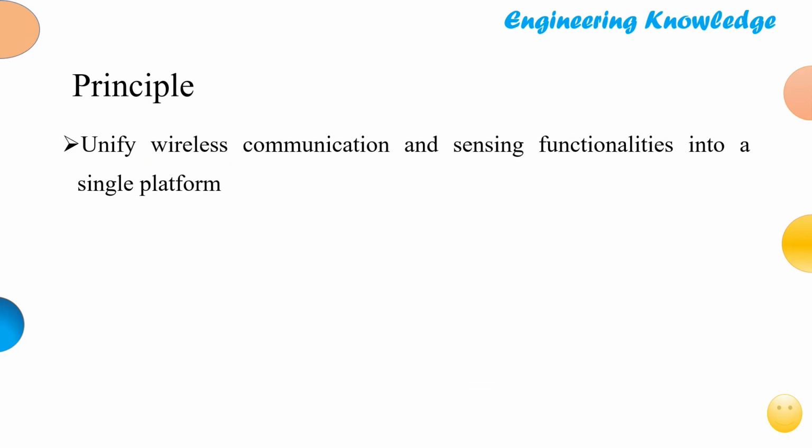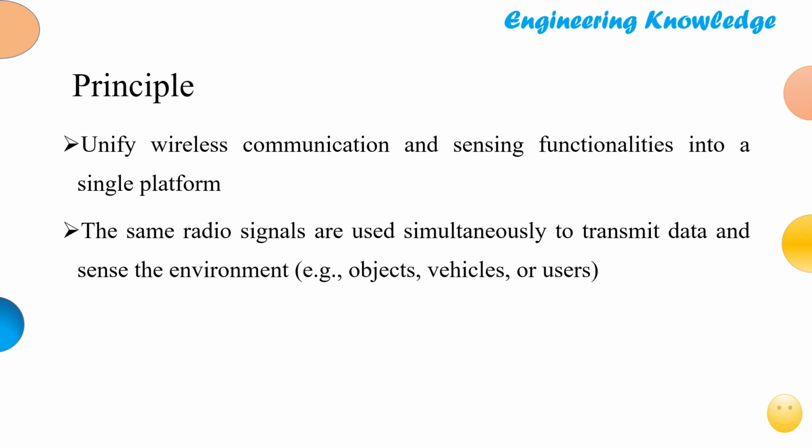In order to compensate for that, we intend to unify the sensing and communication parts in one radio frequency or in one signal transmission, which means the same radio signal can be used for simultaneously transmitting the data and sensing the environment.